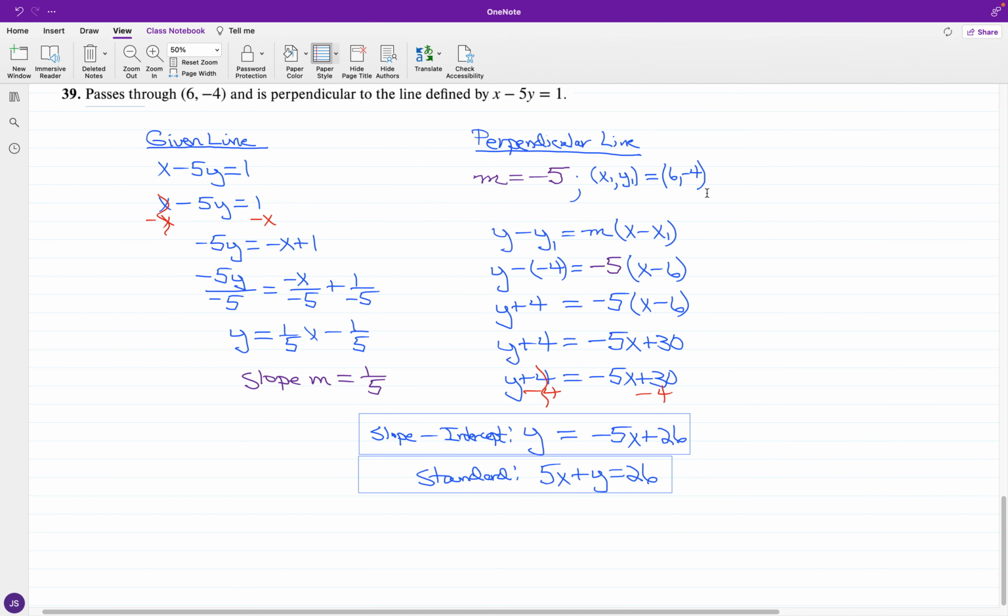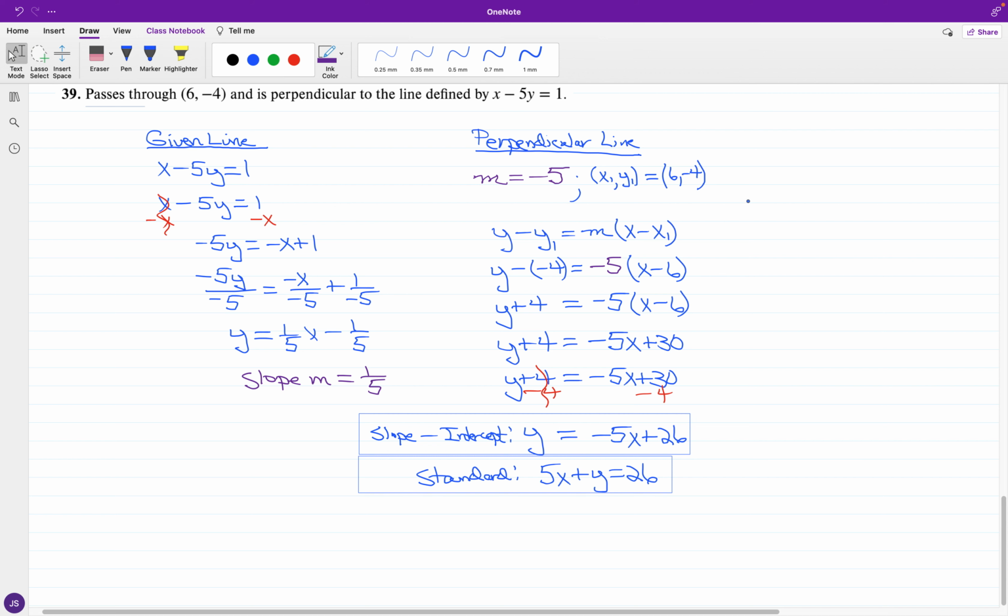So just looking at it again, we have a y of -4. For x at 6, -5 times 6 is -30, plus 26 is equal to -4. And 5 times 6 is 30, y is -4, 30 minus 4 is equal to 26. Okay, so the values do check out.